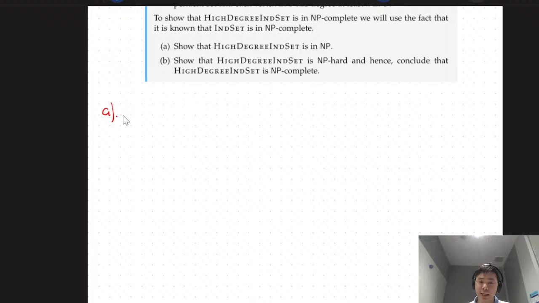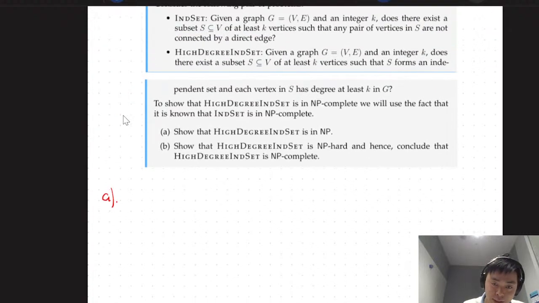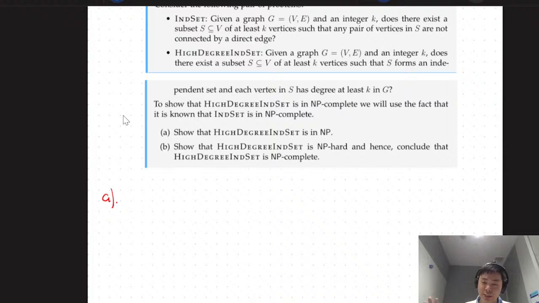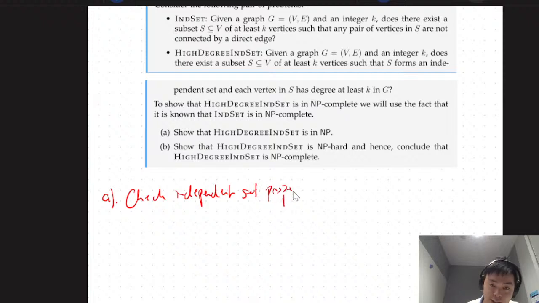So I'll leave it to you to check that high degree independent set is in NP. All you need to do is, given your set, check the independent set property. So you just need to check for every pair of vertices in S that they don't share an edge. You can do this in V squared time.